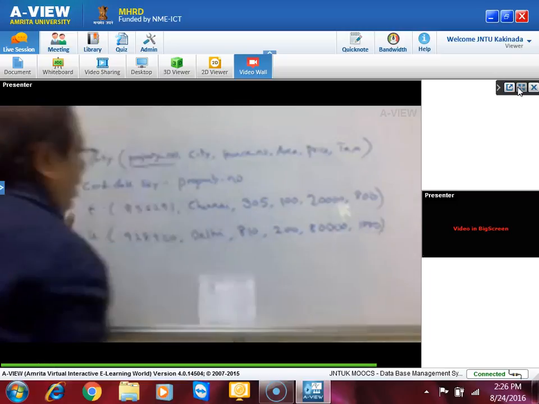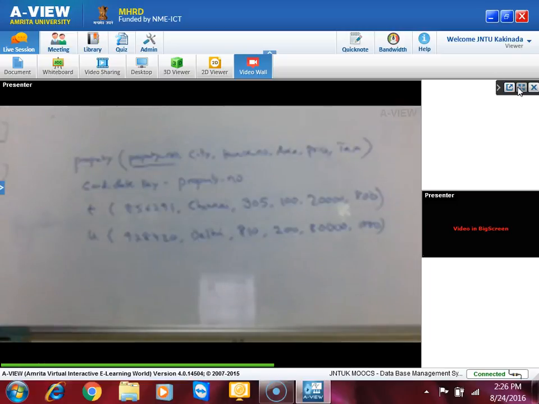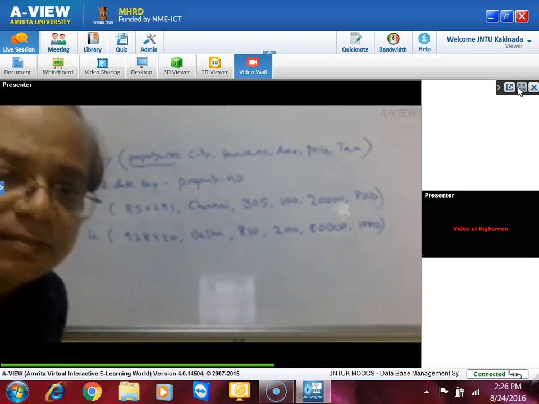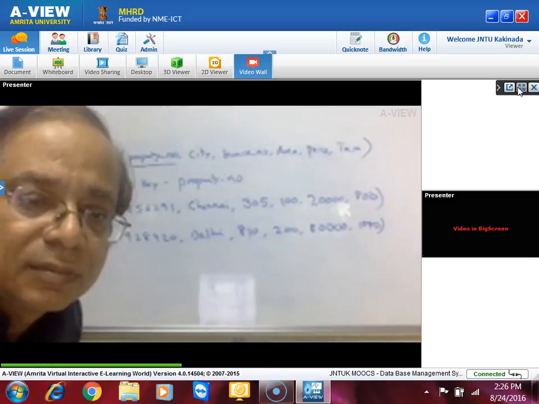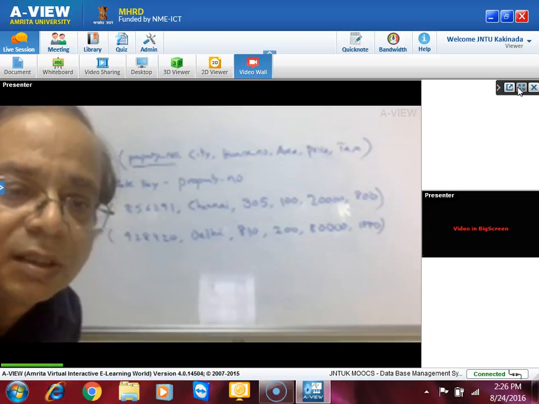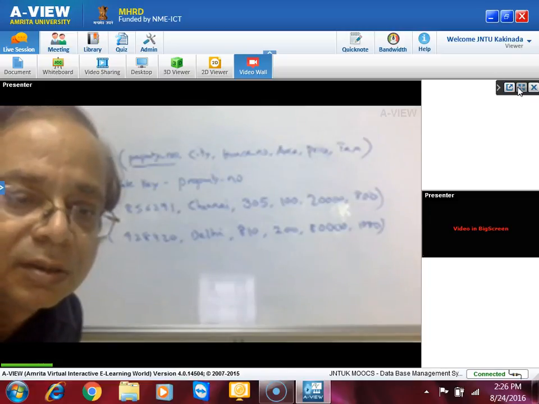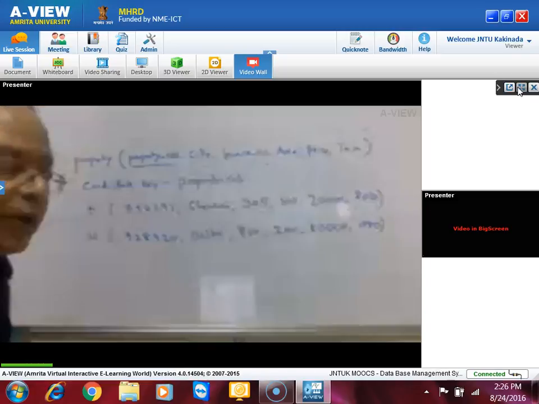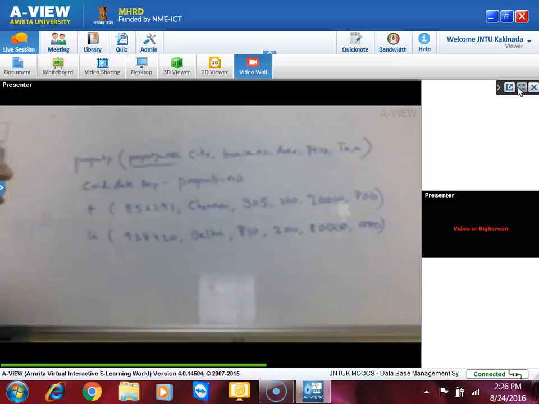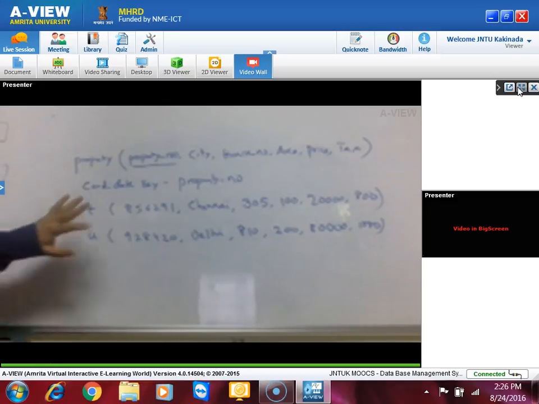So this is the other tuple. These are the tuples which are instances of this property.